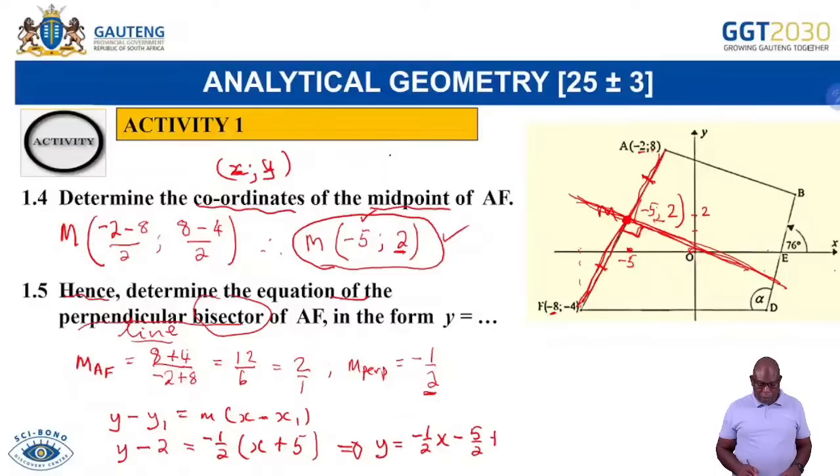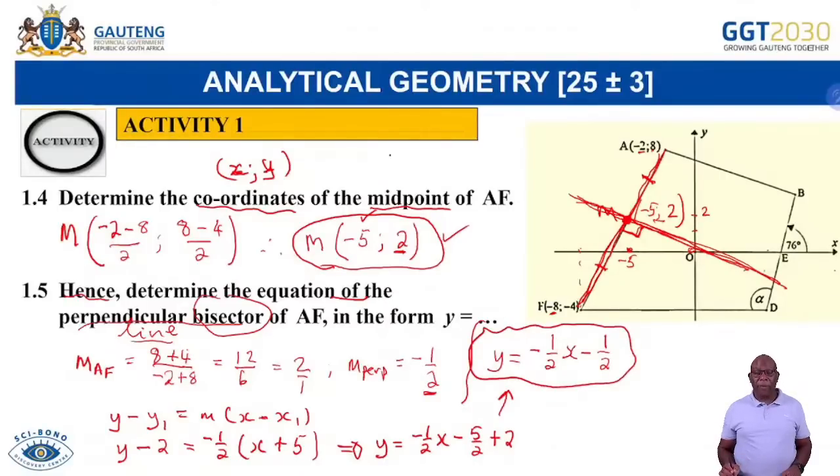The equation of that line will now be y equals negative half x minus a half. So that is the equation of the perpendicular bisector. Can you see that this line here has a negative gradient? This one has a positive gradient. So I know I'm correct.